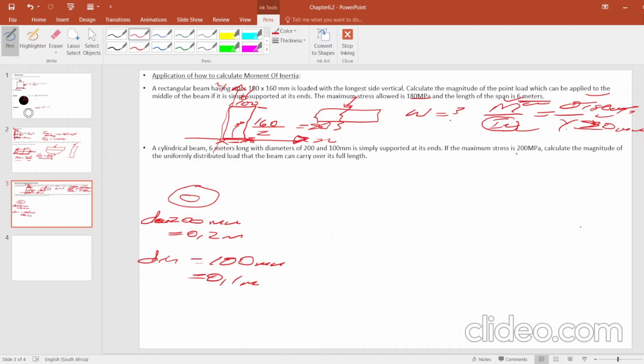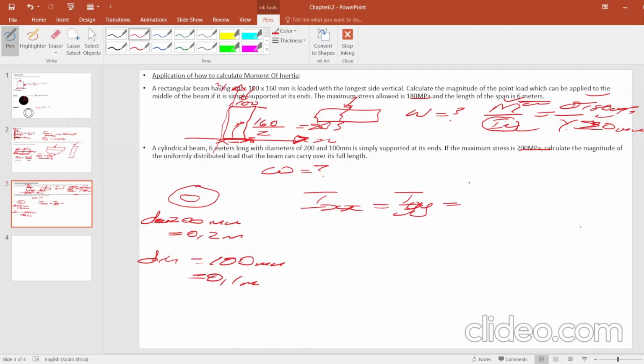It's simply supported at its end. If the maximum stress is given, calculate the magnitude of the uniformly distributed load. Now they want us to calculate that, but I'm not interested in that. I'm interested in showing you how to calculate the moment of inertia. It will be Ixx equals to Iy, because it's a round cylinder.